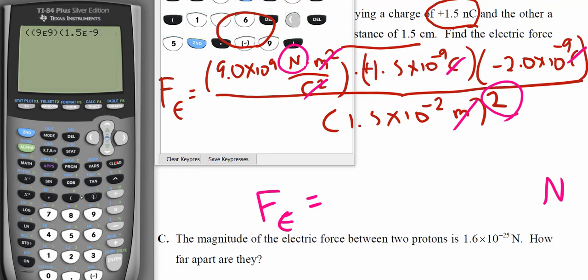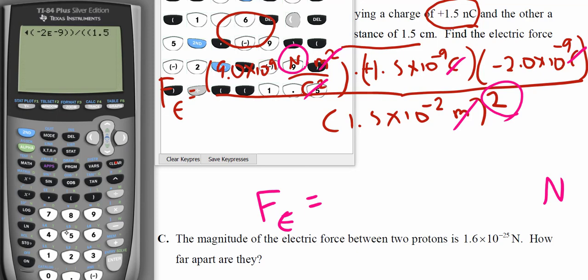Don't forget, a negative is different than a minus sign, so make sure you're doing the right one. Do not be typing these in with times 10 to the negative, times 10. You're going to confuse the calculator, confuse yourself. Make sure that you become familiar with your calculator's capabilities and how it deals with some of these things.